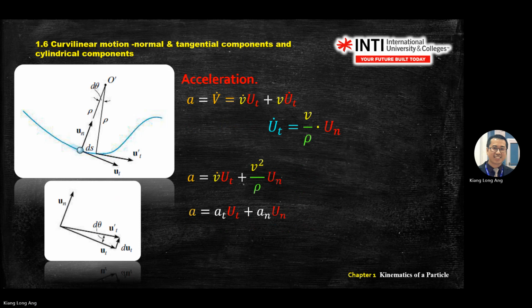Okay. This is the important part for the curve, that you use tangent and normal direction. First equation to memorize: A equals AT UT plus AN UN.